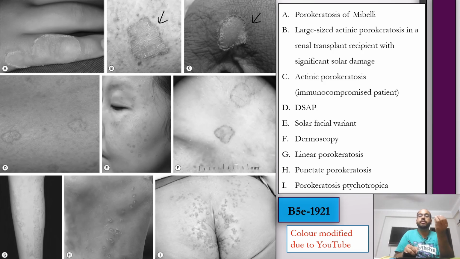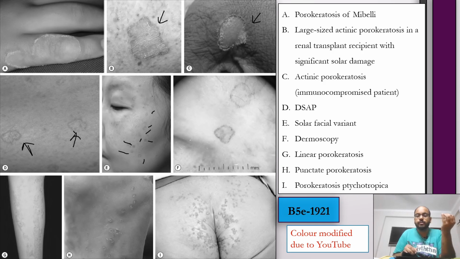Notice that the center is atrophic. The fourth one is DSAP. You can actually see that they are multiple, like we see in DSAP. The fifth one is the solar facial variant. So this kind of multiple porokeratosis that you're seeing on the face, on the sun exposed area.